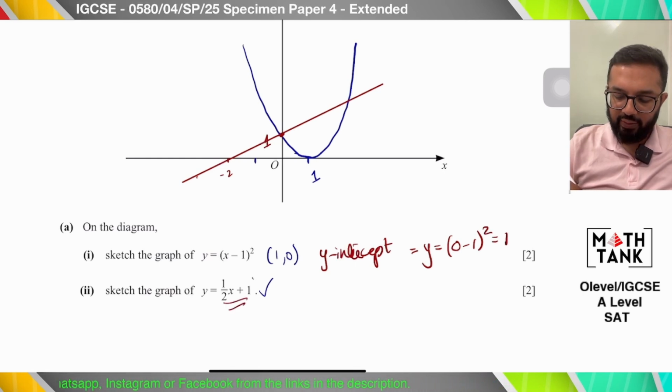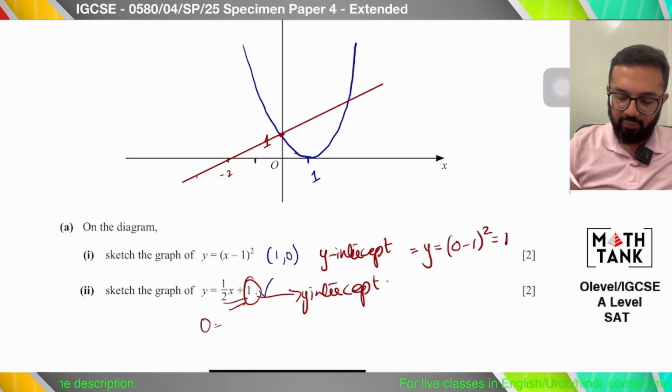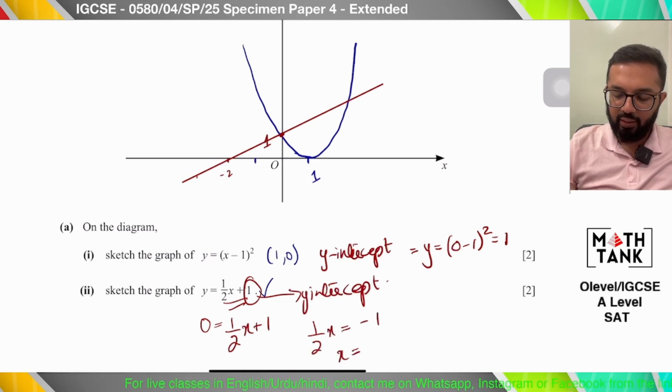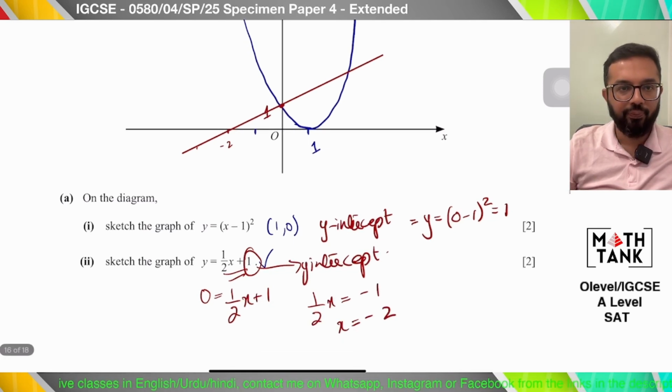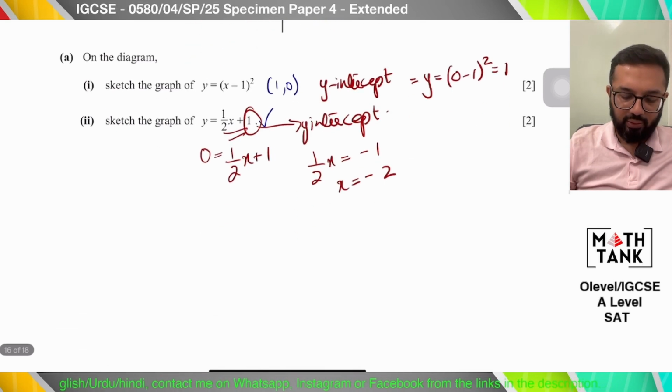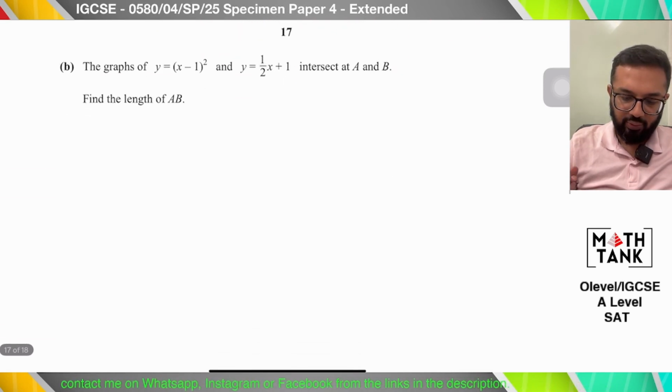For the line, I've seen the y-intercept, and I've calculated the x-intercept by putting in y equals 0. So half x equals minus 1 and x equals minus 2. Okay, that was the sketch.